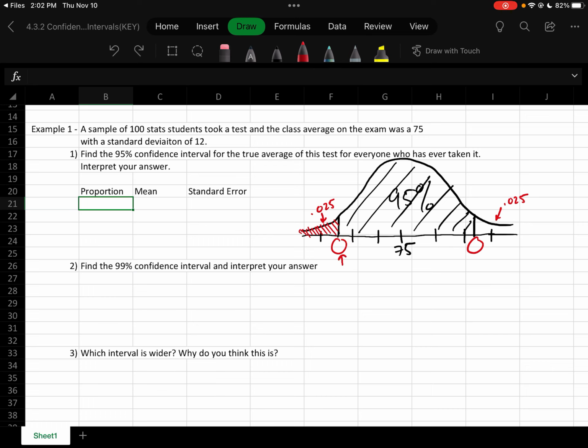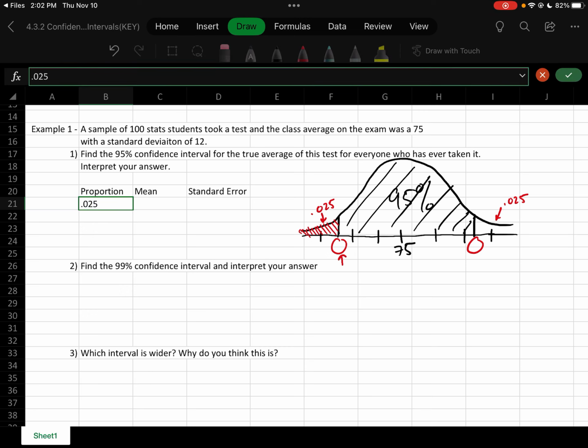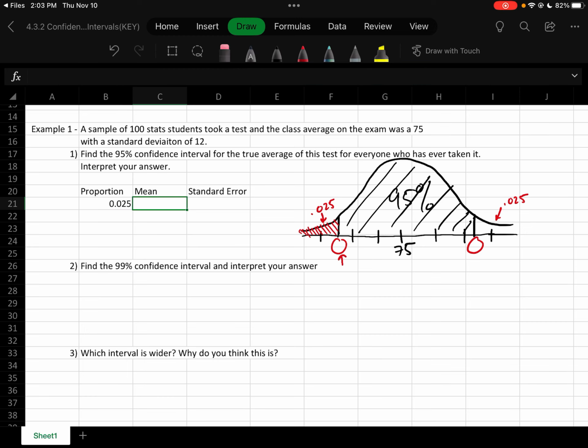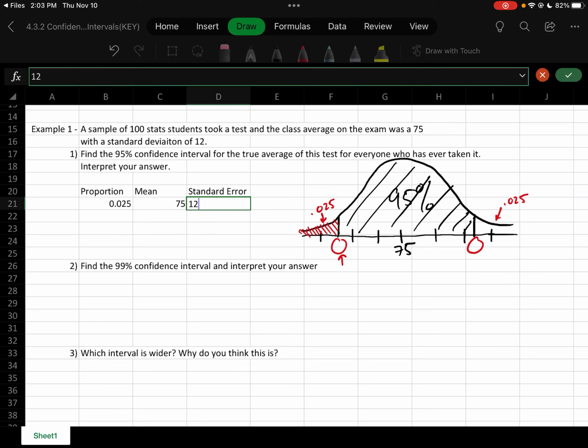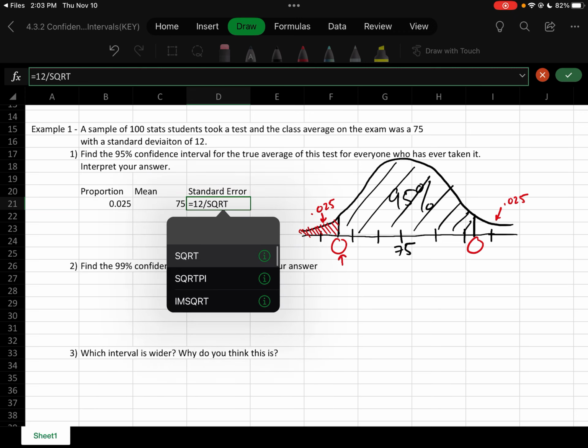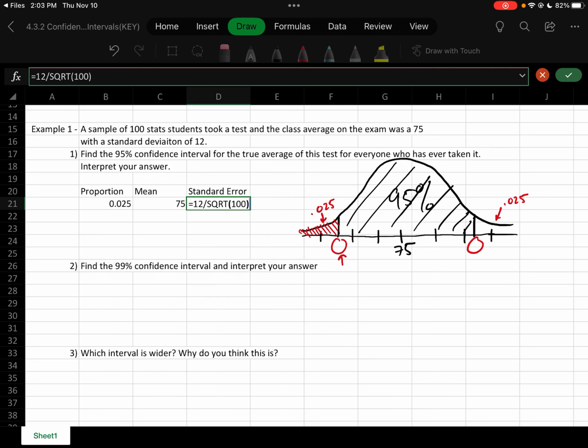My proportion is 0.025. And again, I got the 0.025 because I know there's 5% left in the tails here, and I cut that in half. So 5% divided by 2 is 2.5%, and 2.5% written as a decimal is 0.025. The mean is 75, and the standard error is going to be 12 divided by the square root of 100, the size of my sample.